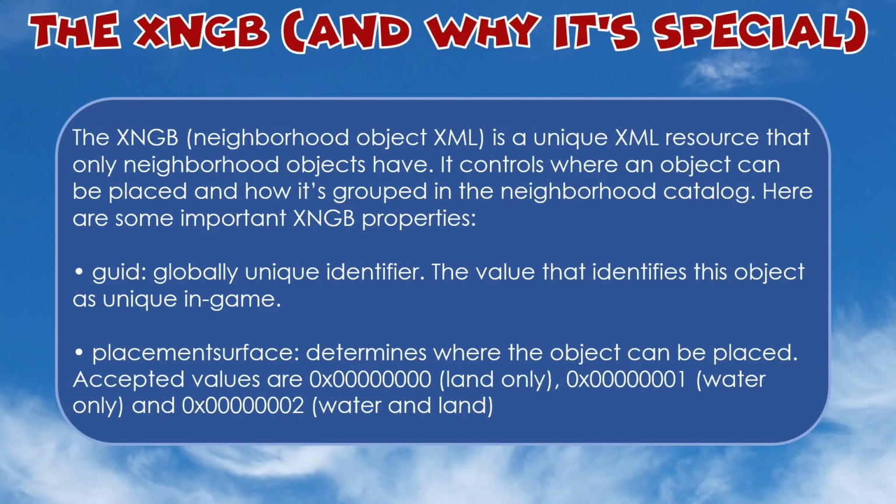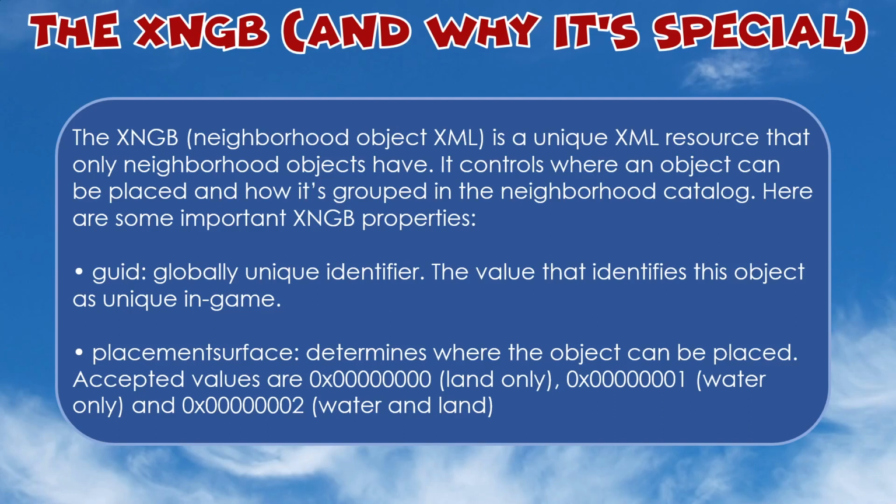The XNGB resource and why it's special. The XNGB is Neighborhood Object XML, and it's a unique XML resource that only neighborhood objects have. It's kind of like, if you're familiar with other build objects, fences have an XNFC, and essentially it's a text editable resource that changes different properties.